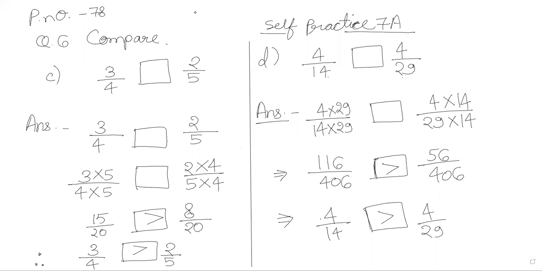To compare two fractions, what do we do? First of all, we will make the denominators equal. If denominators are equal, then on the basis of numerator, we can directly compare them. Just basically two simple steps: make denominators equal and then compare on the basis of numerator.